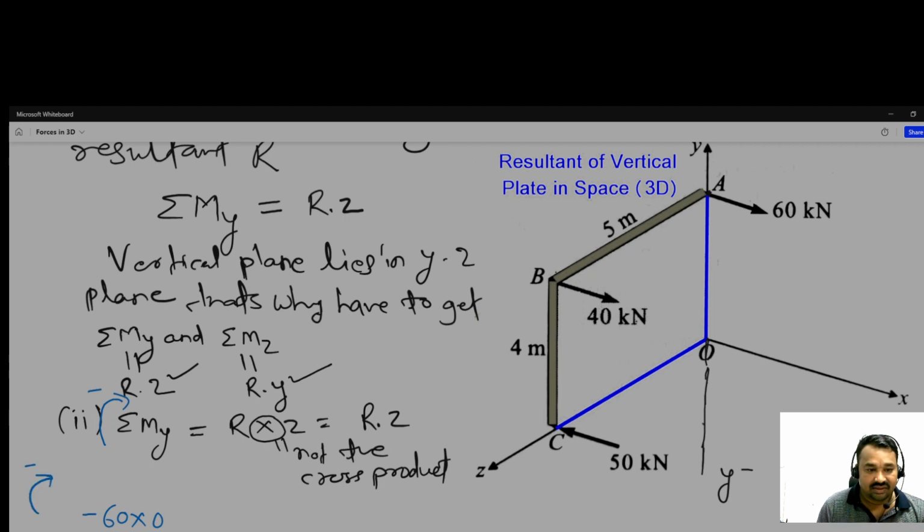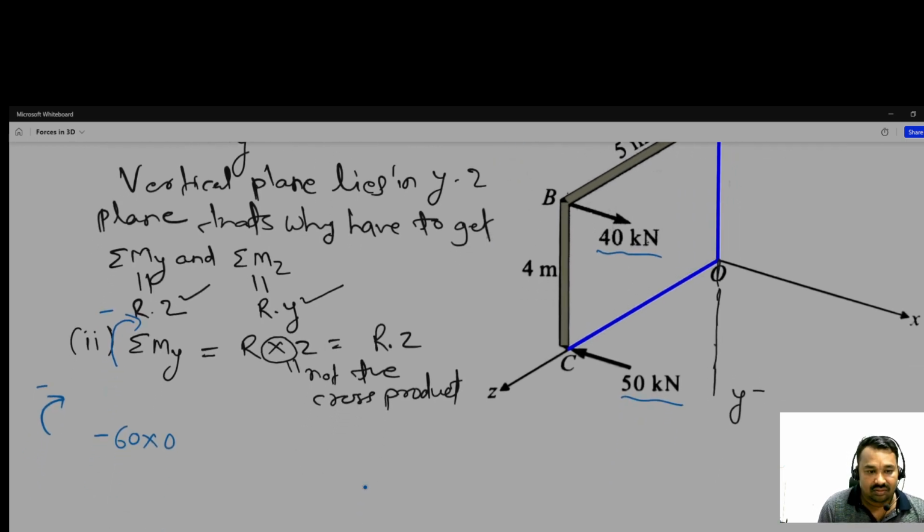And what about the other forces? That is the 40 kilonewton and this 50 kilonewton. So 40 kilonewton will be anti-clockwise, that's why plus 40 multiplied by 5.